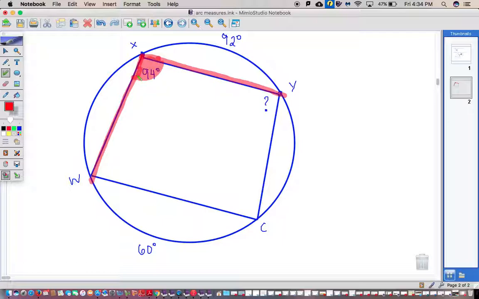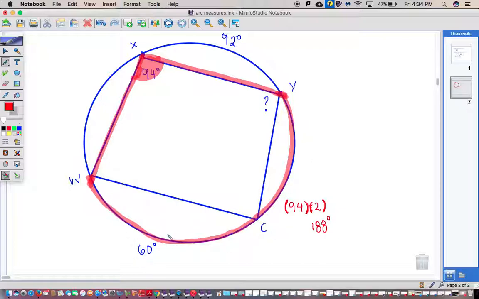What we know is the arc that is formed by these interceptions, so this arc right here, has to be 94 degrees times 2. And 94 times 2 is 188 degrees. So this part in red is 188 degrees.